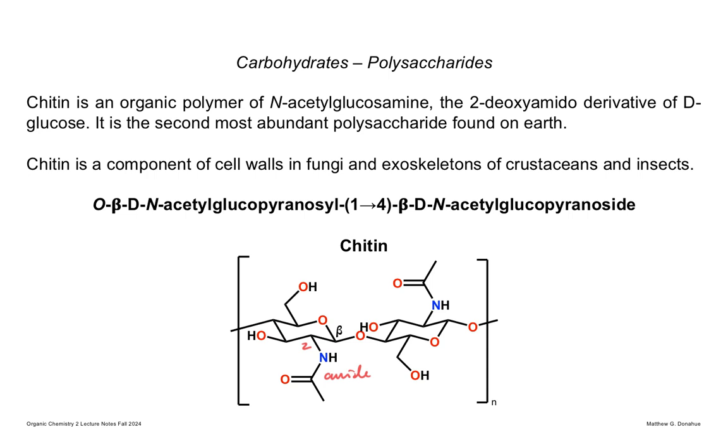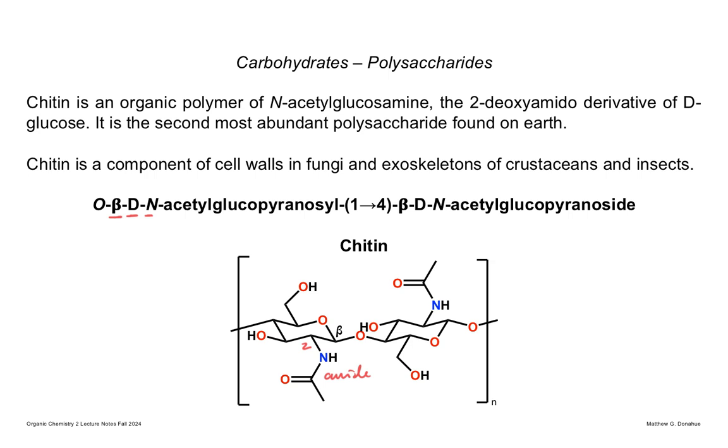The substituents are equatorial, and you can see the name here. Carbohydrate names get pretty long. But the beta, again, is the anomeric linkage. The D is the natural sugar. N means nitrogen.